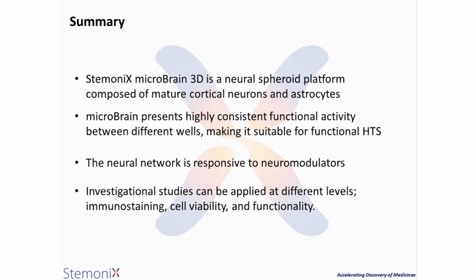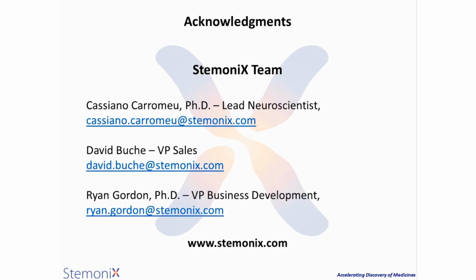It is a spontaneous signal that arises from the development of this 3D culture, which you can modulate with compounds later on. We can use this platform for studies at different levels: immunostaining, cell viability, as I showed, and finally functional. That's one of the key aspects of this platform.